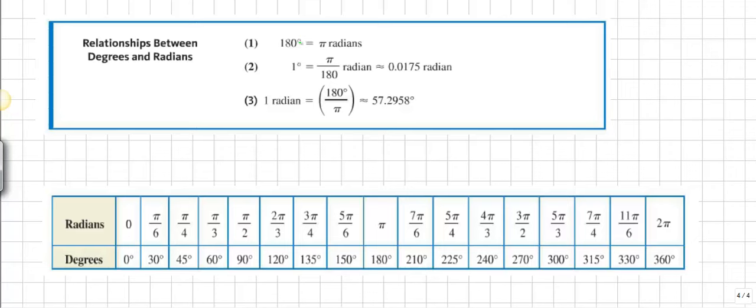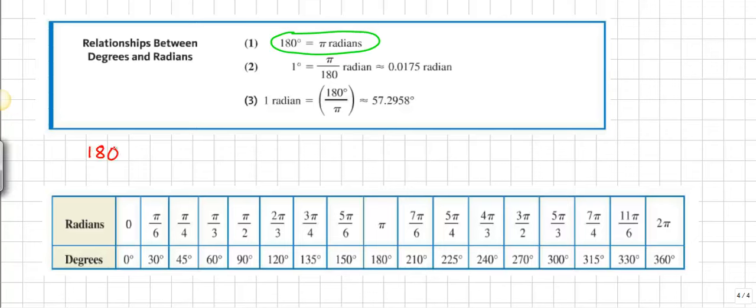I think it is most important that you remember 180 degrees is pi radians. And then you can take that and run with it. That would mean 1 degree is 1/180th of the number pi. It would mean 1 radian is 180 divided by pi degrees. It means things like the following.